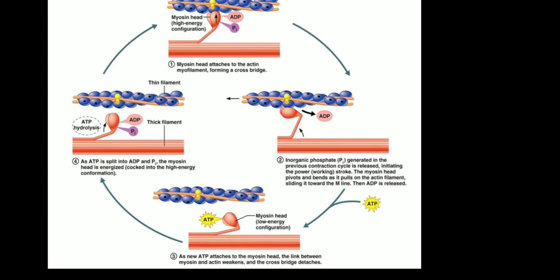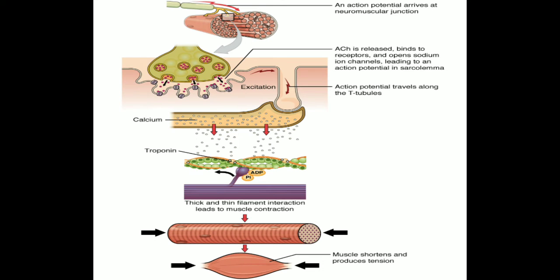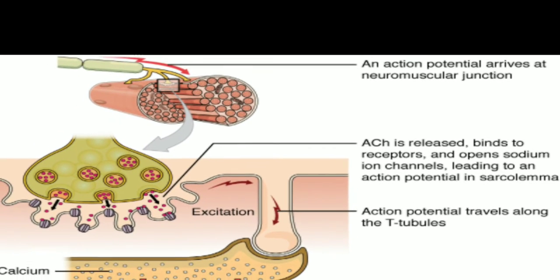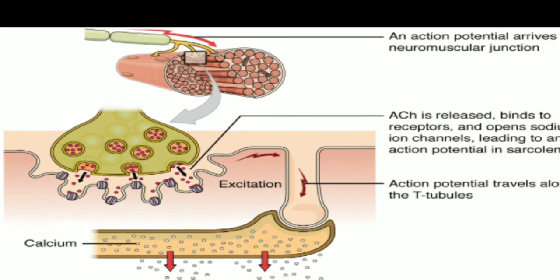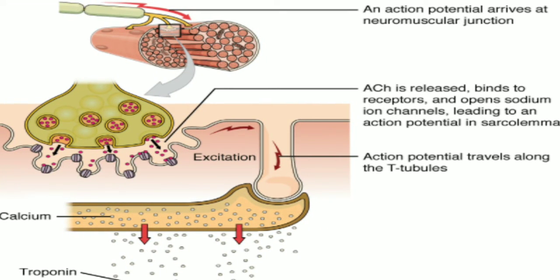So this was all about a detailed study of the mechanism of muscle contraction. You can check this slide too, the muscles which you have studied in the previous lesson. The action potential arrives at the neuromuscular junction. So how are nerves and muscles connected with each other?